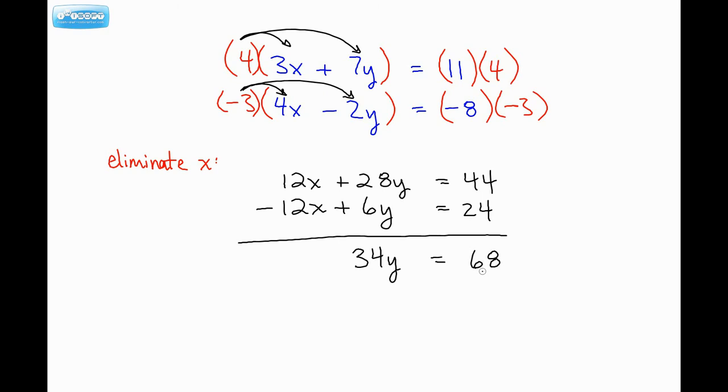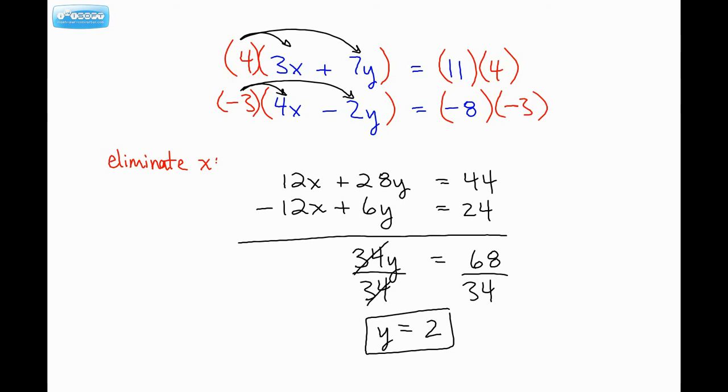Okay, so this result, we just have y's, we don't have x's anymore, we eliminated them. So we can just divide everything by 34. This cancels, and I get y is equal to 68 divided by 34 is 2. There we go. So we've actually solved for y.